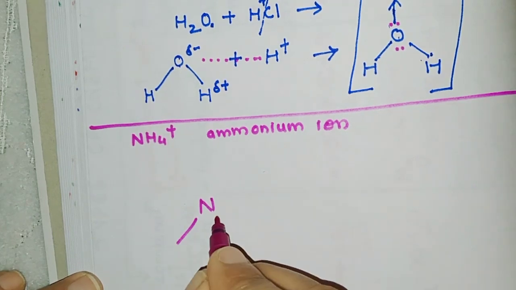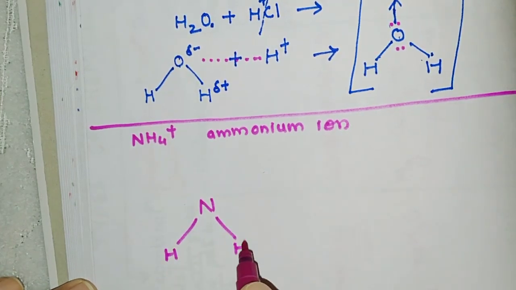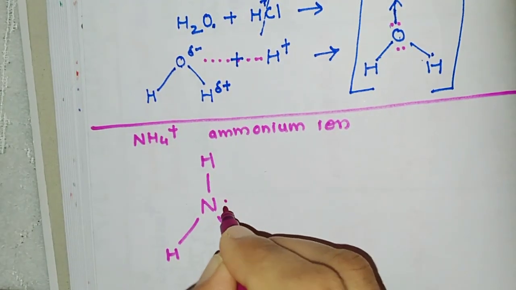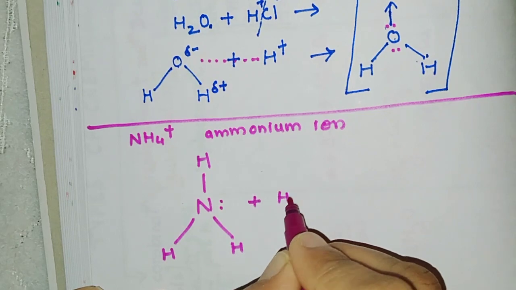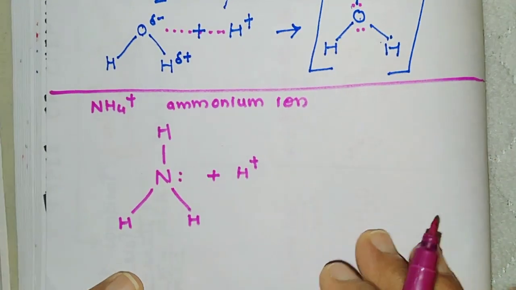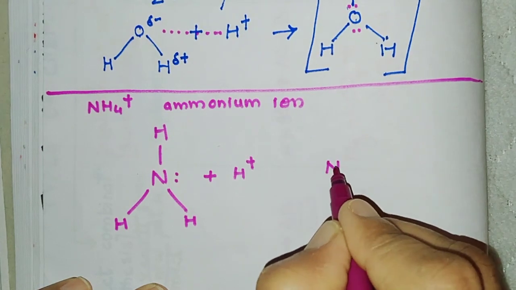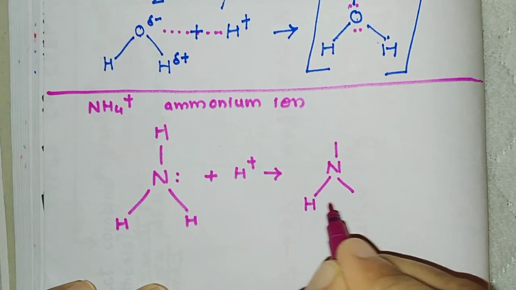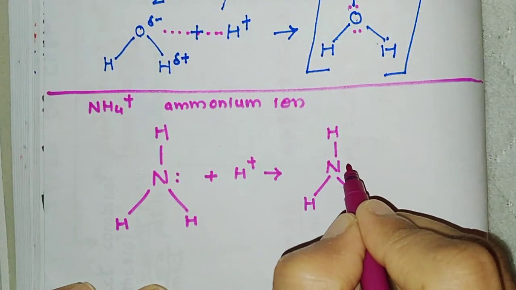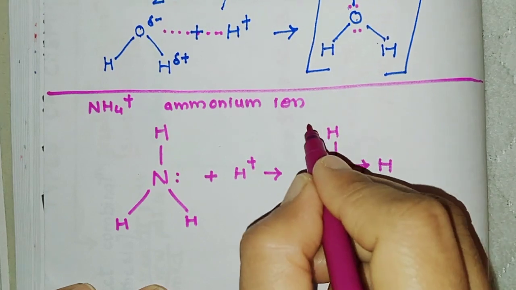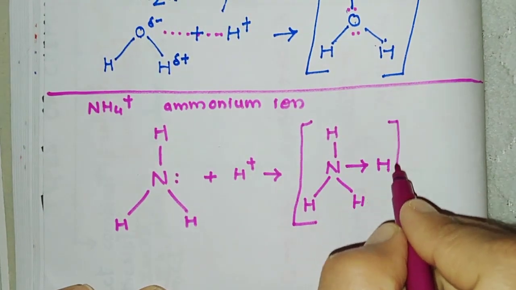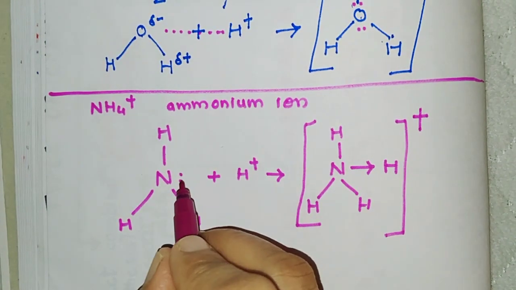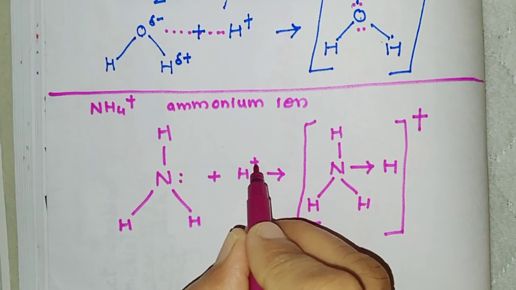N, H and H. It is having one lone pair, so it will attack H+. How will this form? This is our ammonium ion. One lone pair, this lone pair is totally shifted to this. So this is your coordinate bond.